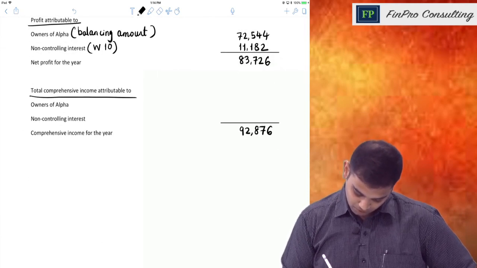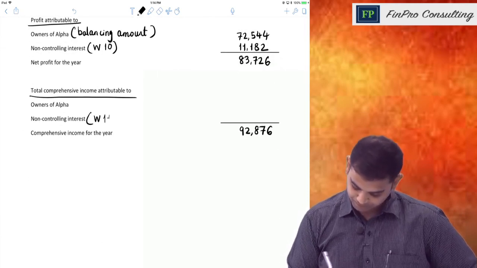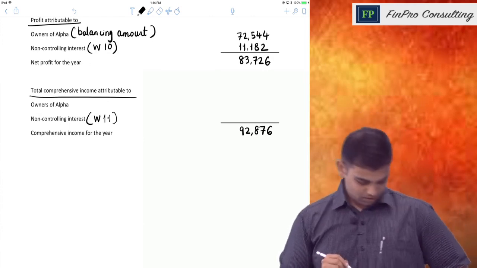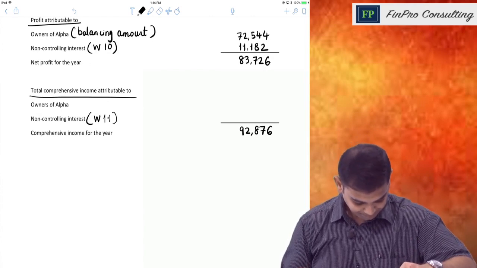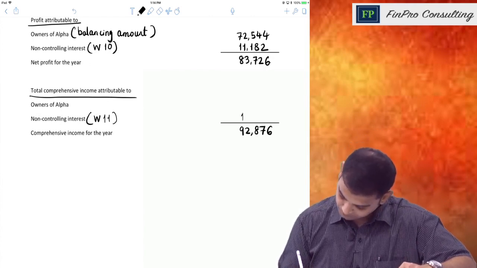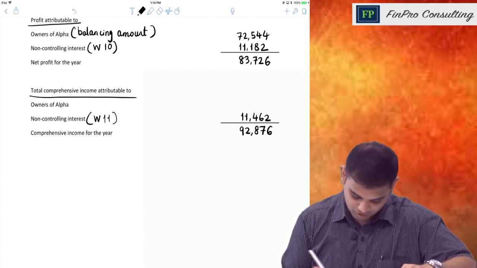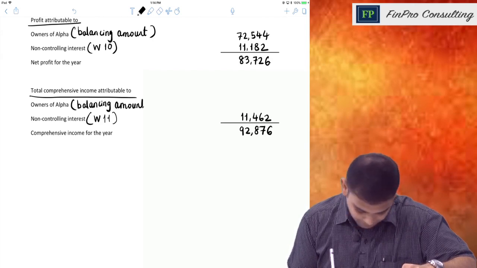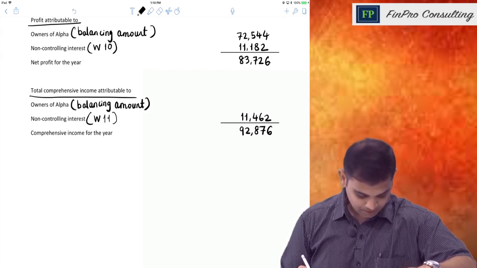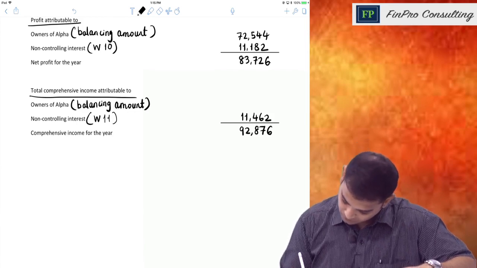So this is coming from working note number 11: 11,462. So owners of alpha, balancing figure, balancing amount. What is the amount? 81,414.